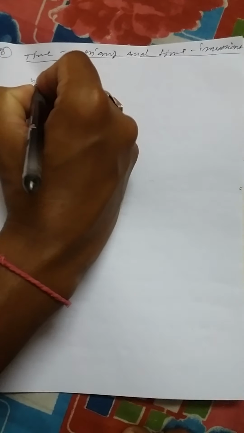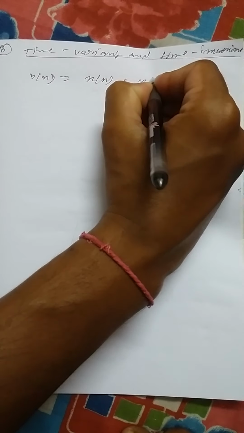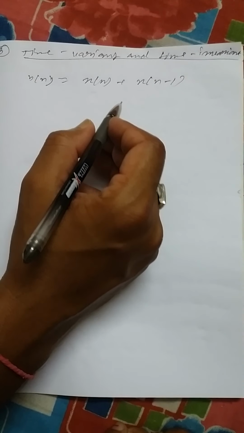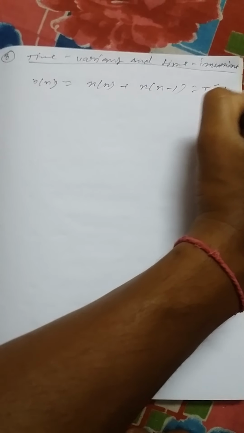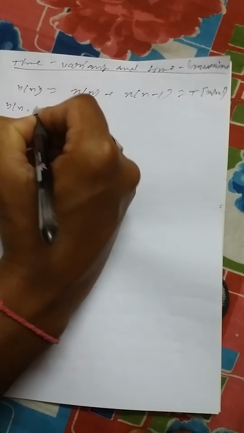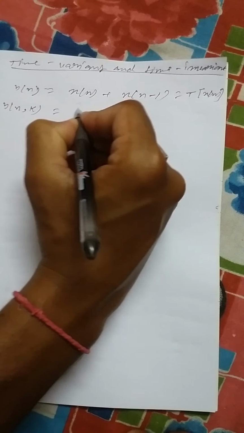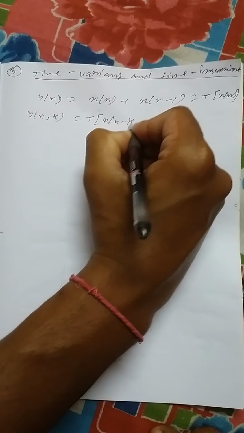Let us take an example. Suppose y[n] is given by x[n] plus x[n minus 1]. We have to check whether this system is time variant or time invariant. At first we write that this is equal to transformation of x[n], right? If we delay the input x[n] by k, then y[n, k] will be equal to transformation of x[n minus k].